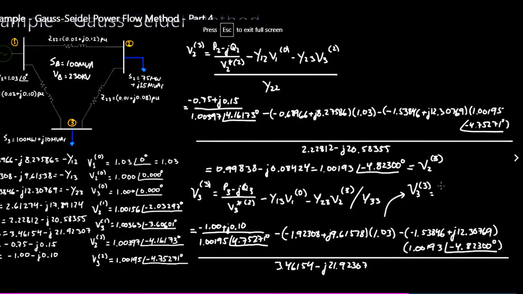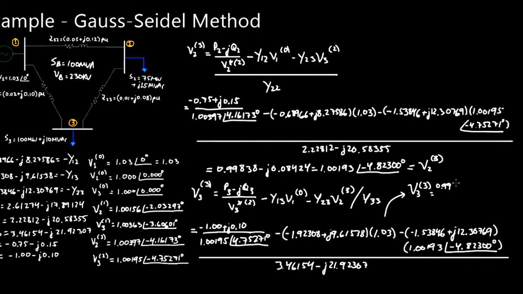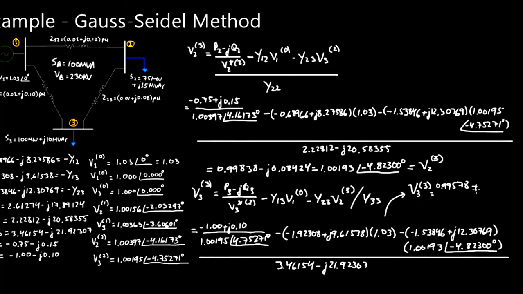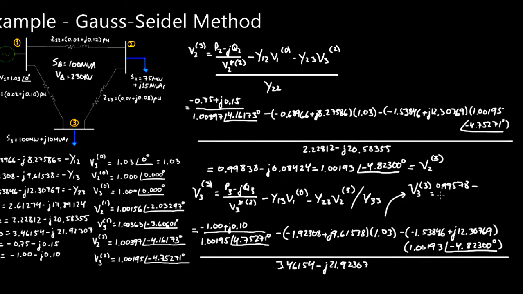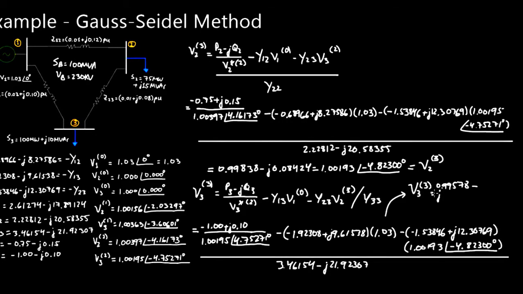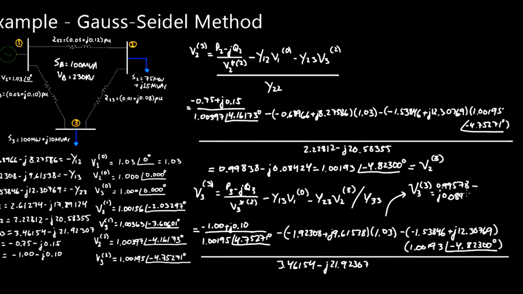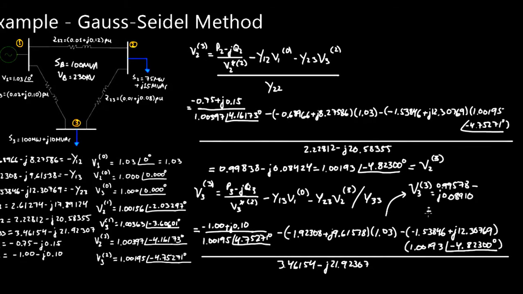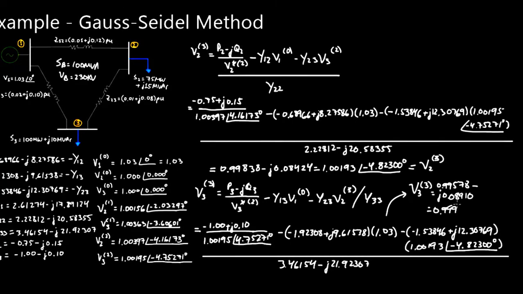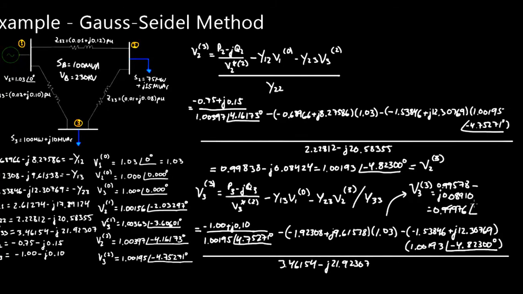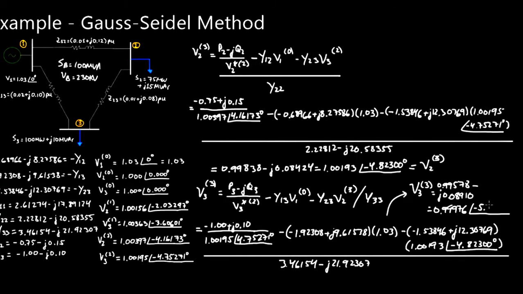In rectangular form, 0.99578 minus J 0.08910. And that in polar form is 0.99976 and an angle of minus 5.11307.